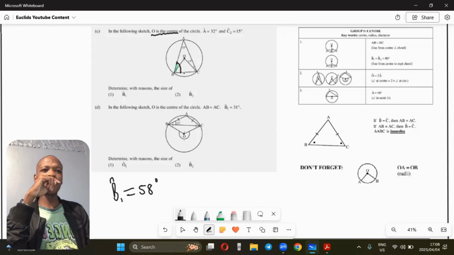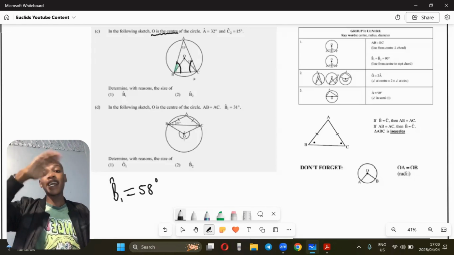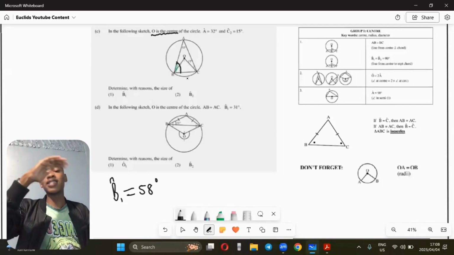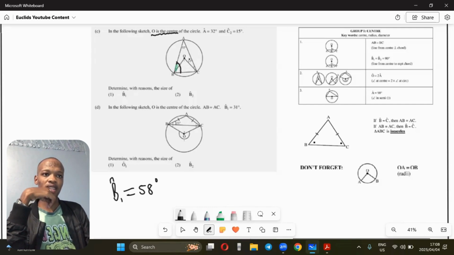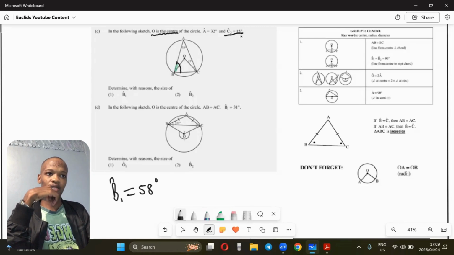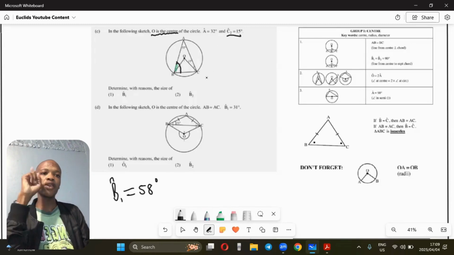To make it easy for us to calculate that, we need the entire size of angle C. Can we calculate it? Yes. The information already tells us that angle C2 is 15 degrees. Can we calculate C1?